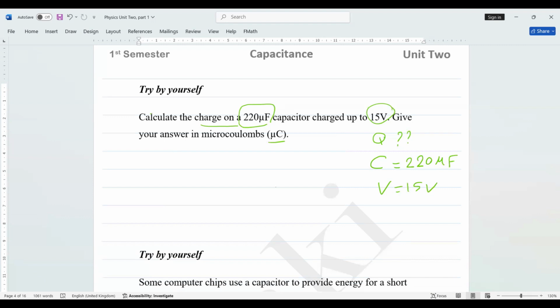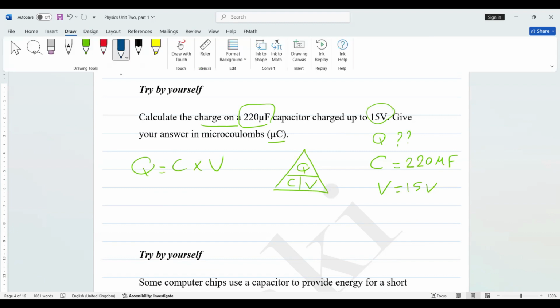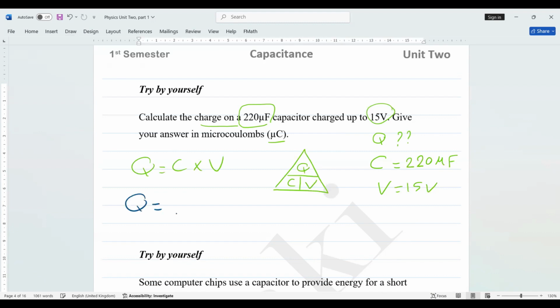Now, what is the formula? Remember the triangle: Q equals C times V. We do substitution. When the capacitance is in microfarad, the charge will be in microcoulomb. 220 microfarad multiply 15.